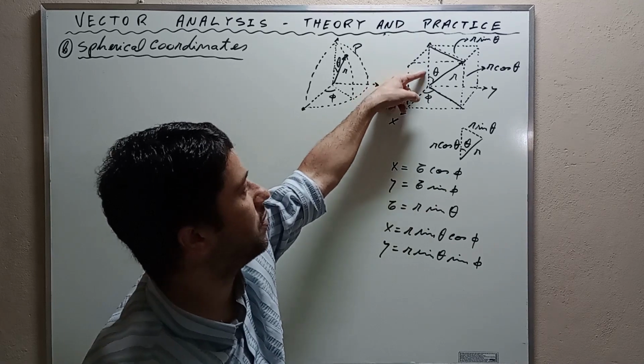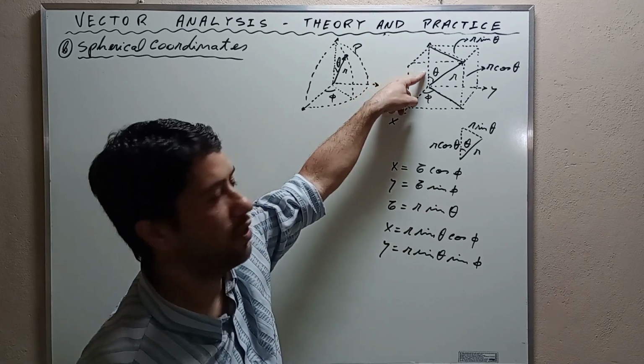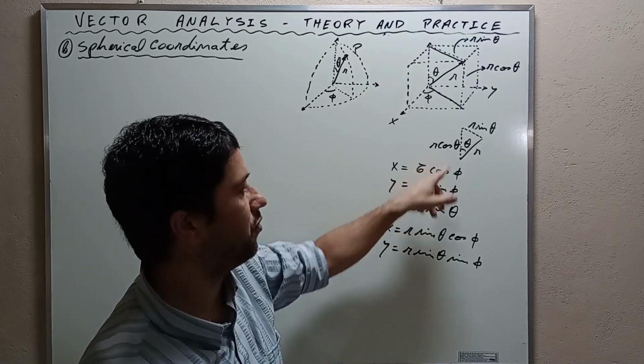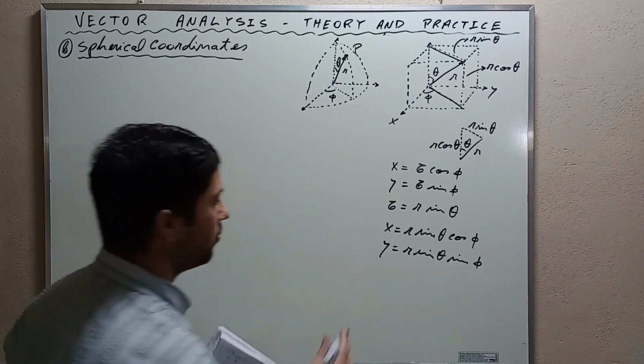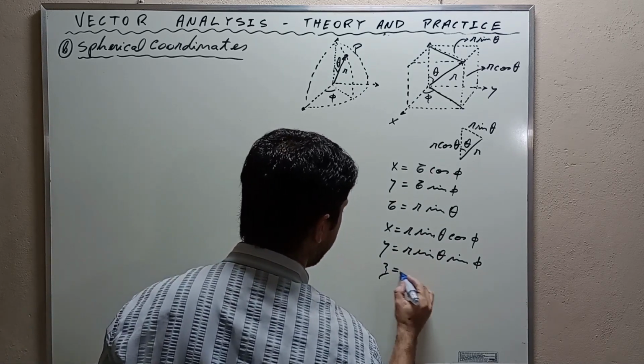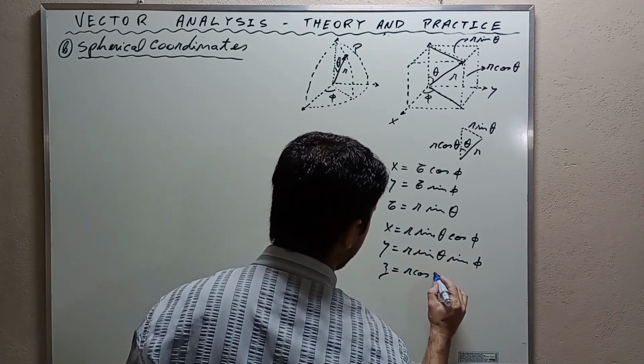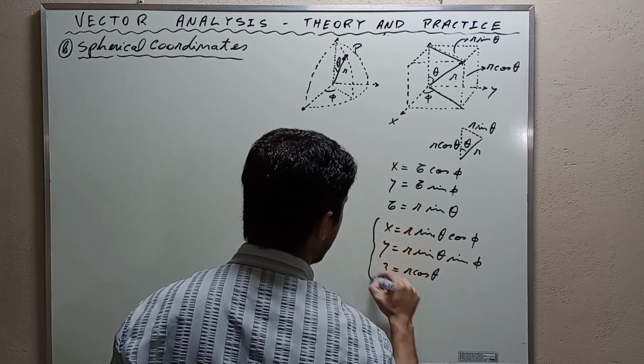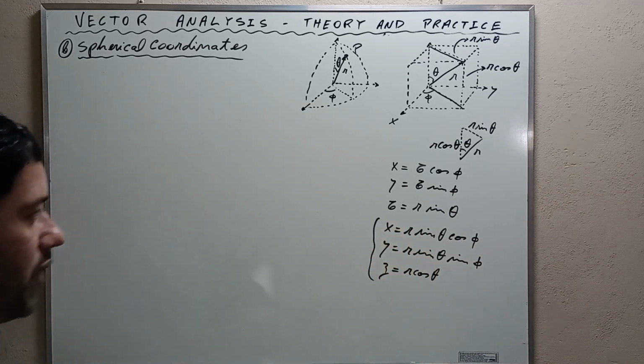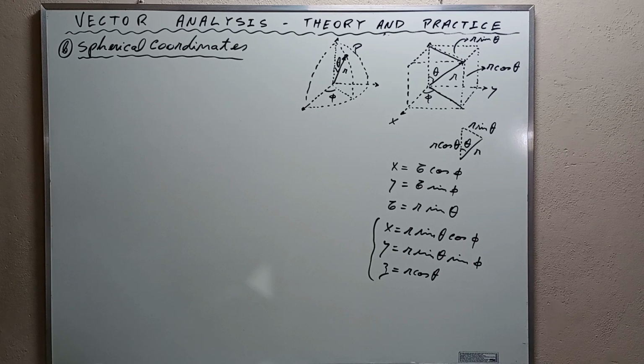And it is at the side of theta. Then it is r times the cosine of theta. And this is how we express x, y, and z using spherical coordinates.